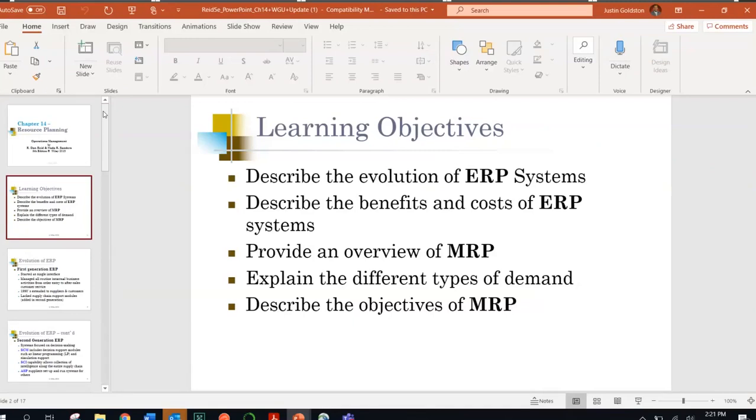For example, customer service places an order within the ERP system. I place my order for my Tesla Cybertruck. That goes into Tesla's ERP system, and then my demand for my Cybertruck gets pushed into material requirements planning.